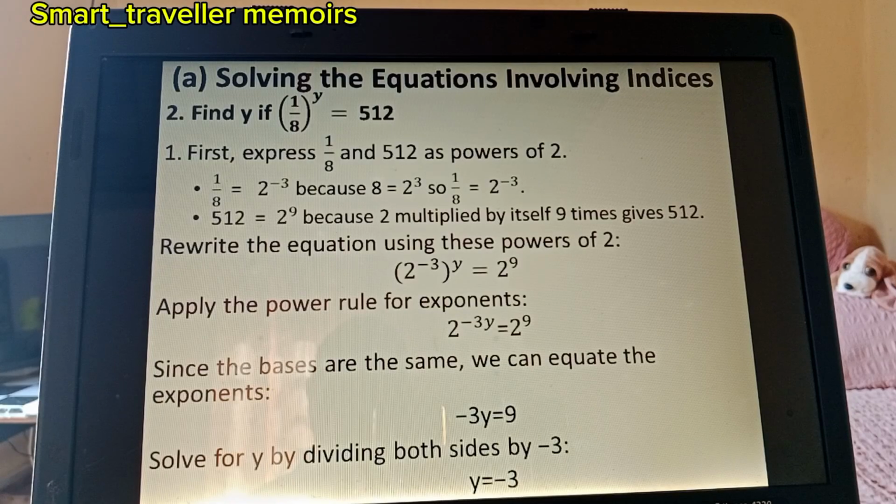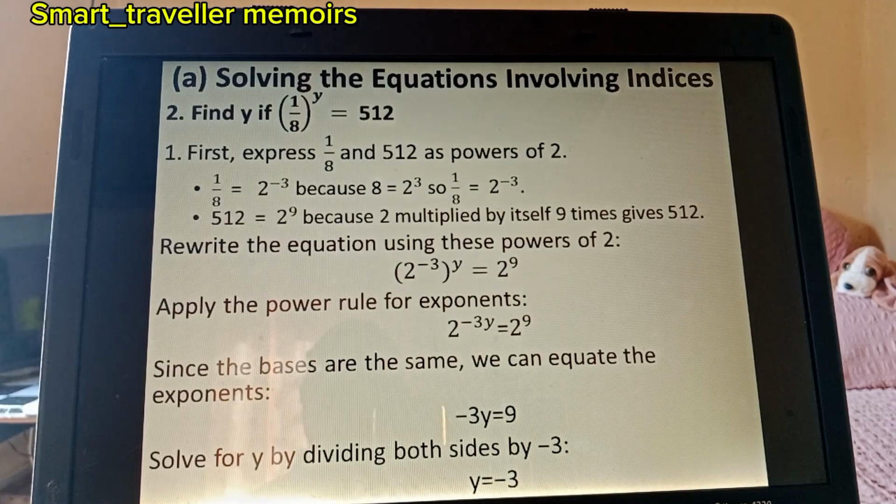The second, Roman 2, is you are finding y, in this case, if 1 over 8 raised to y is equal to 512. So similarly, the first thing you do is you express 1 over 8 and 512 as powers of 2, because these are multiples of 2.